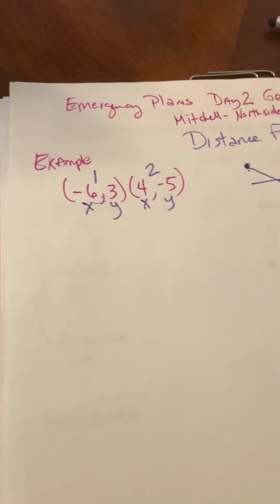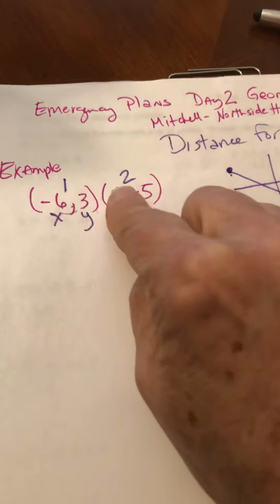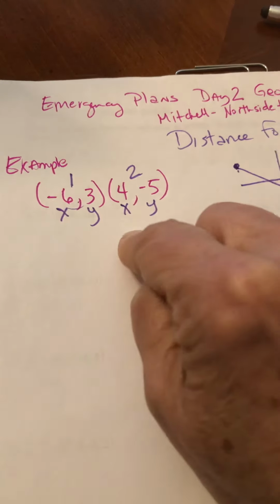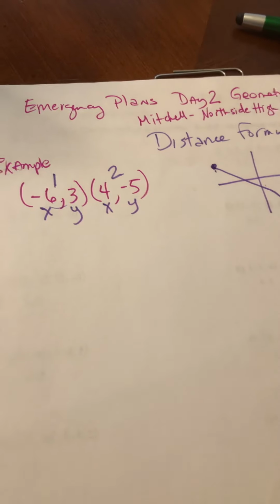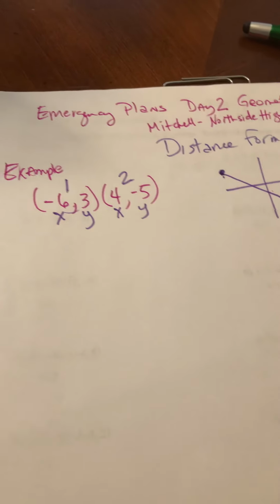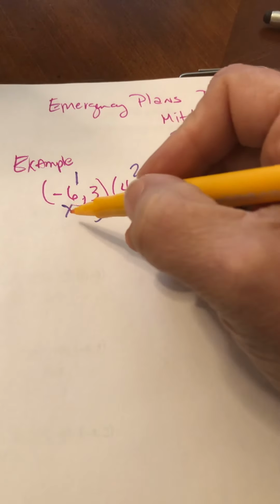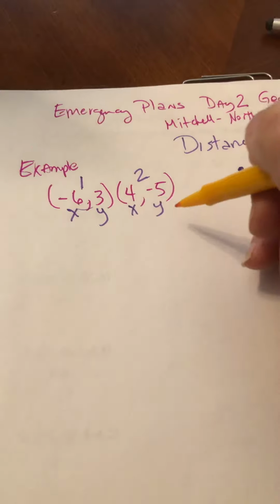As I've told you, it's better to go ahead and label 1, 2, and then X, Y, X, Y, and do each step for the whole thing before you go to the next step. It's going to make it easier to follow later. So don't make the mistake of trying to do X1, Y1 before you go to the 2.